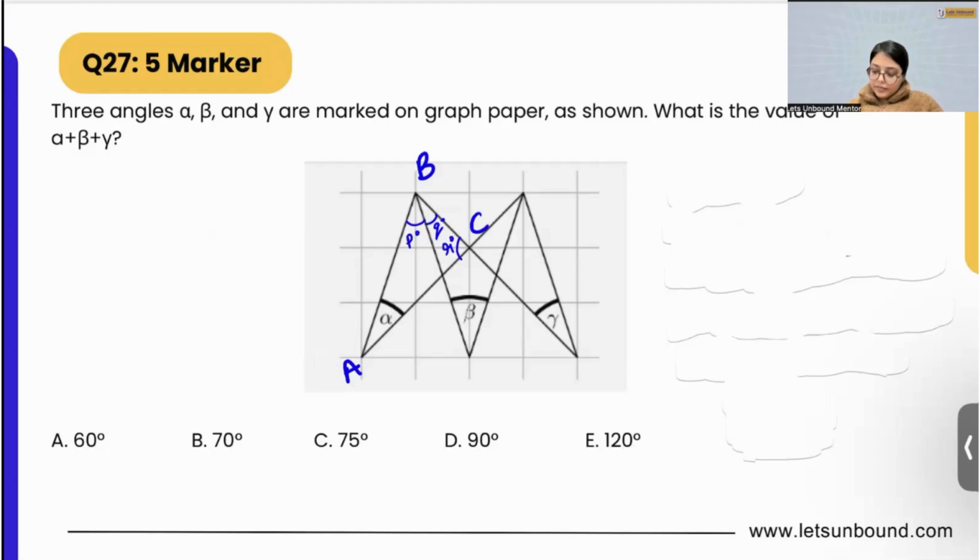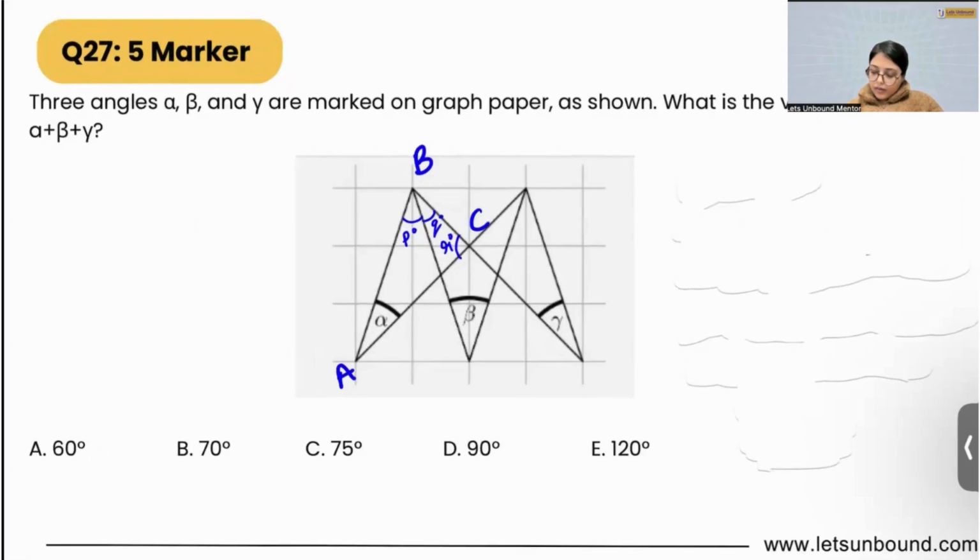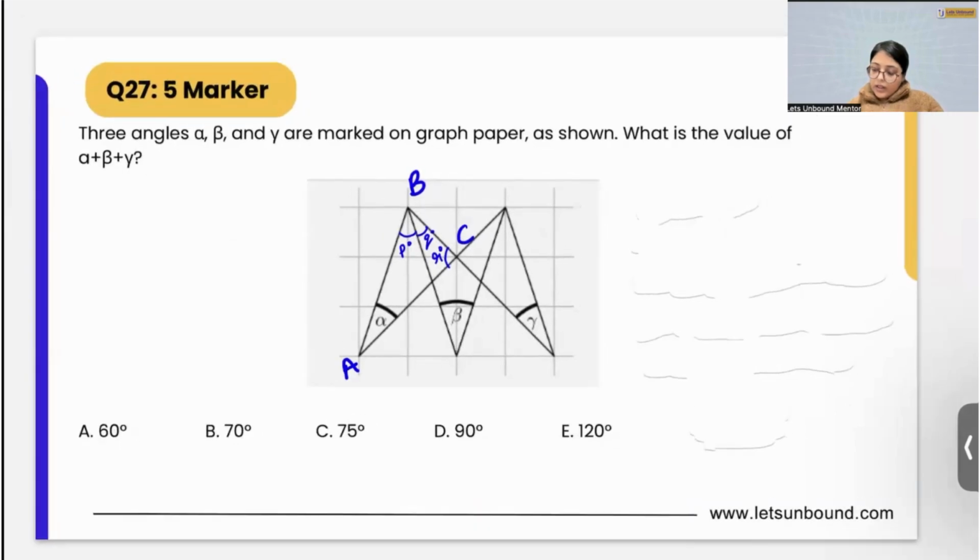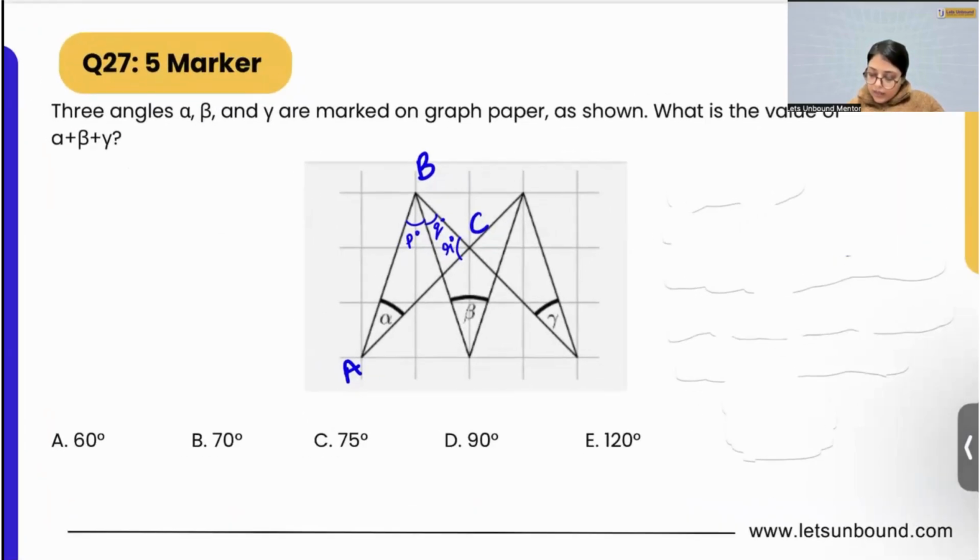So look at R. R is basically part of this and this, right? The lines which I've just drawn, they are diagonals, diagonals of a square because this is a square. So you can see the two lines in between, they are diagonals.